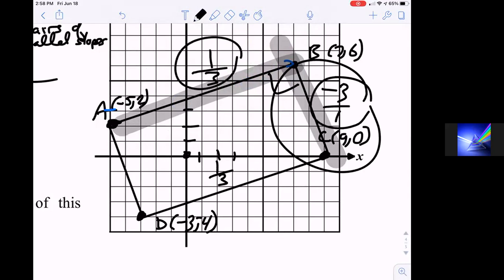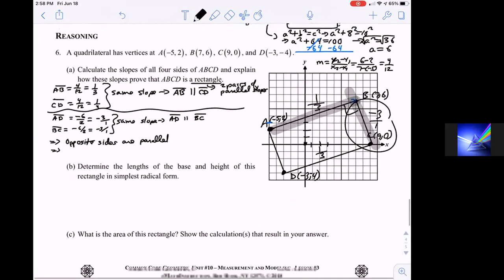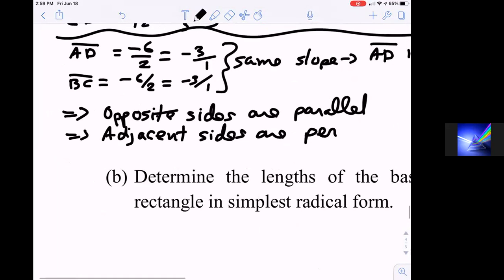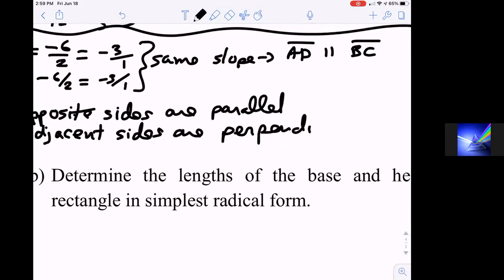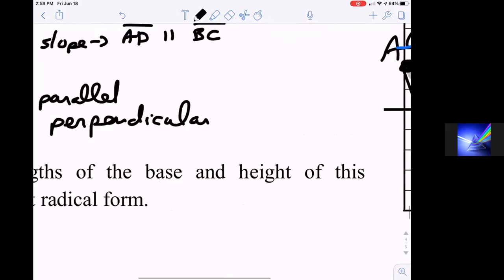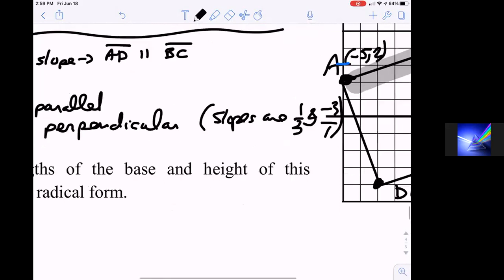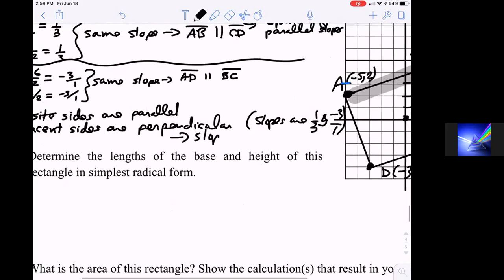They're negative reciprocals of each other. Adjacent sides are perpendicular. Slopes are 1/3 and -3 over 1. Slopes are negative reciprocals of each other.